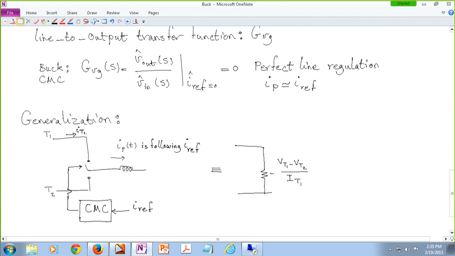Vn is nothing but in the general case, V throw 1 minus V throw 2. And then I1 is basically I throw number 1, and there's a negative sign there too. So this is the value of your resistance.